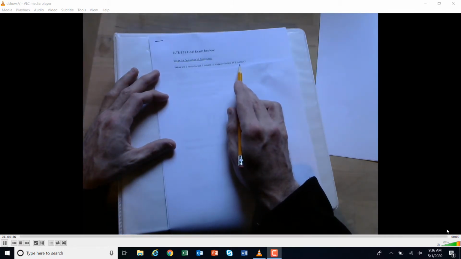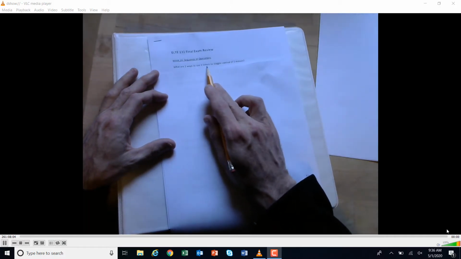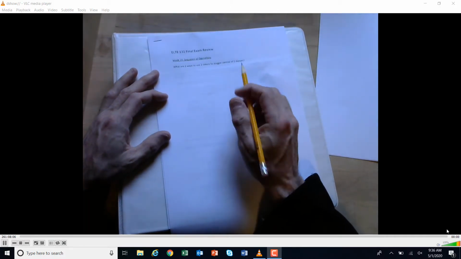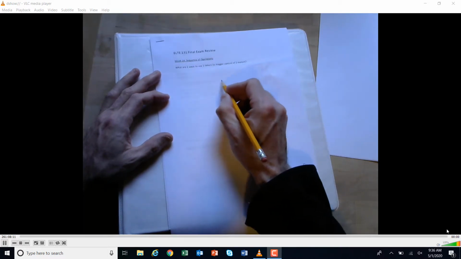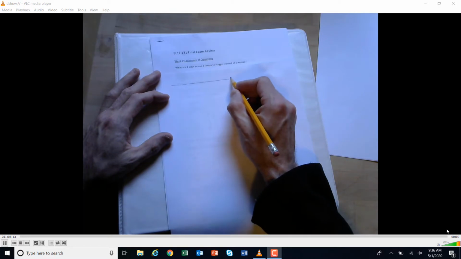So if we want to stagger controls, like have one start after 30 seconds and then another one start 30 seconds later, well, we can cascade them with 2 timers, or we can put the timers in series. So what that would mean would be that we would have something starting the first timer, right?